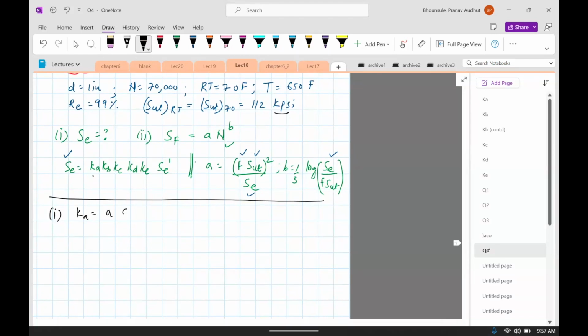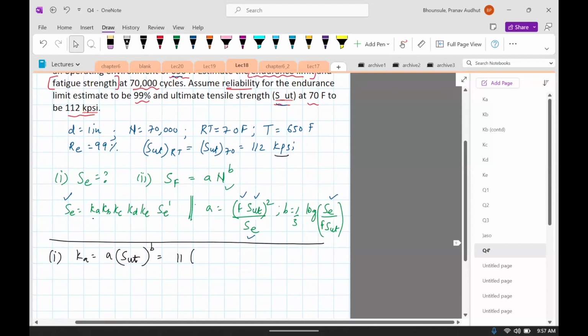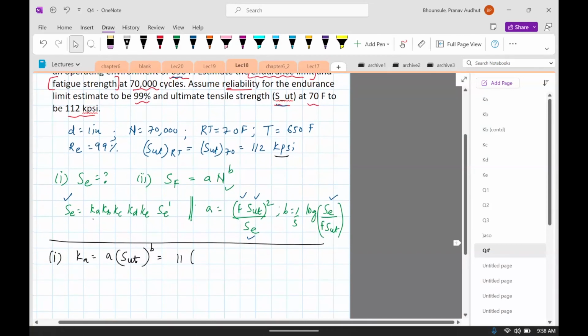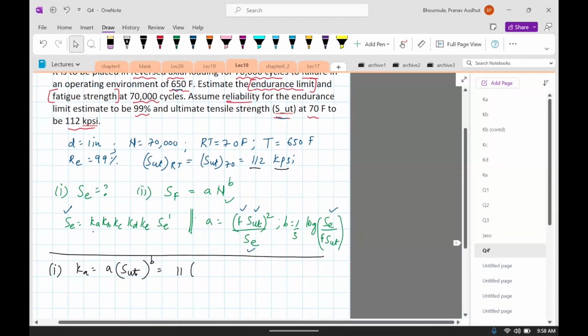It is A times SUT raised to B. A is 11. SUT is 112 kPsi. Well, that SUT is at room temperature, 70 degrees.